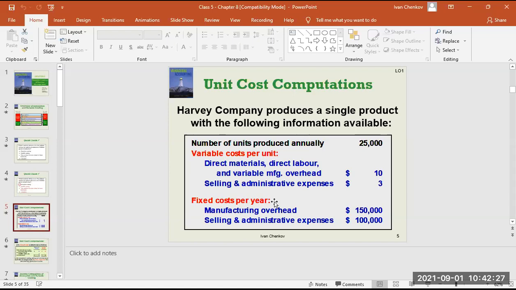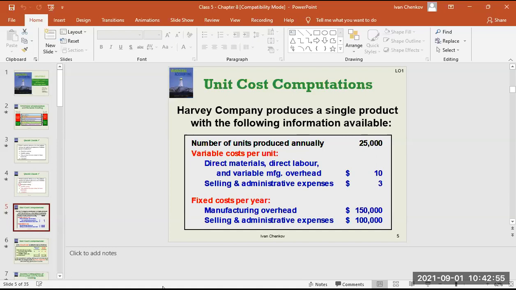Fixed costs per year are manufacturing overhead of $150,000 and selling and administrative expenses of $100,000. As you can see here, we have variable cost per unit and fixed cost usually in total. Having this in mind, what will be the fixed manufacturing overhead per unit based on the 25,000 units produced?